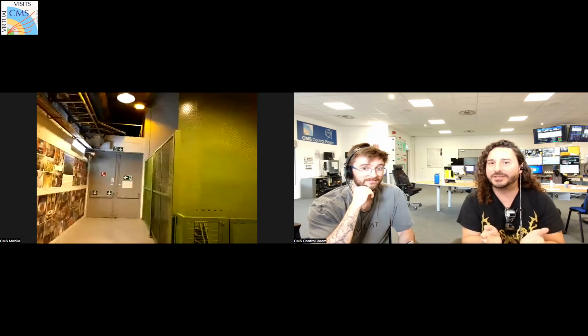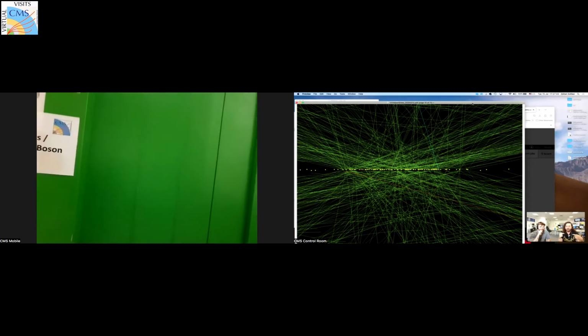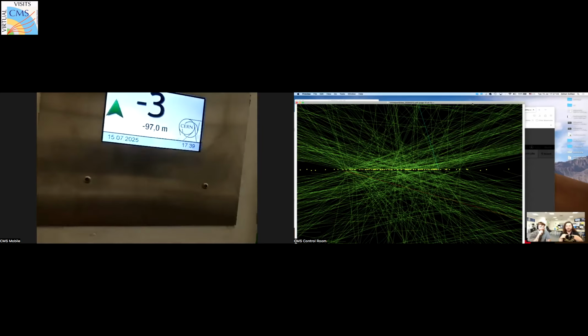Let me share the screen too. So you have here a simulation of what this looks like. All these green lines are the trajectories of particles that are scattered when the collisions happen. And each of these yellow dots is a point at which one of these, or a pair of these hundreds of billions of protons, are actually interacting.